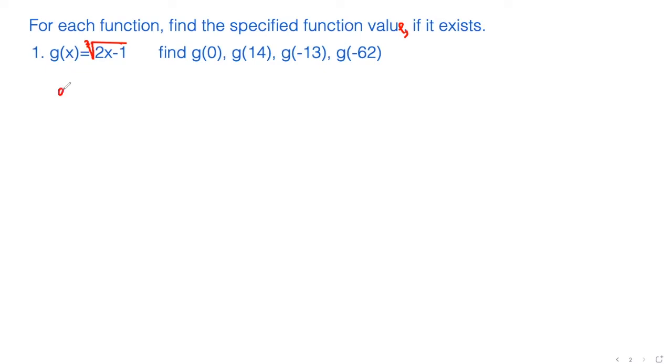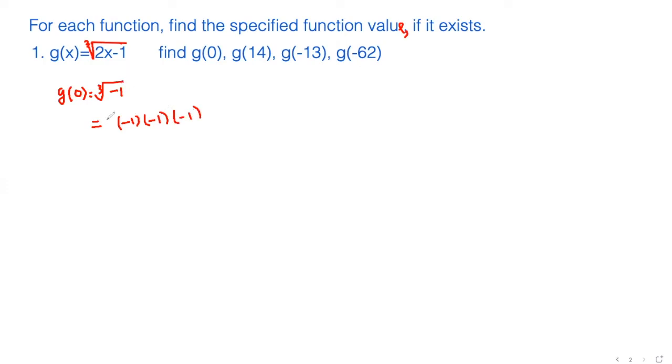If I plug in 0 for x, then we will get the cubic root of negative 1. So this function actually exists. Negative 1 times negative 1 is positive 1. Again, if we multiply it by negative 1, then that will give me negative 1.